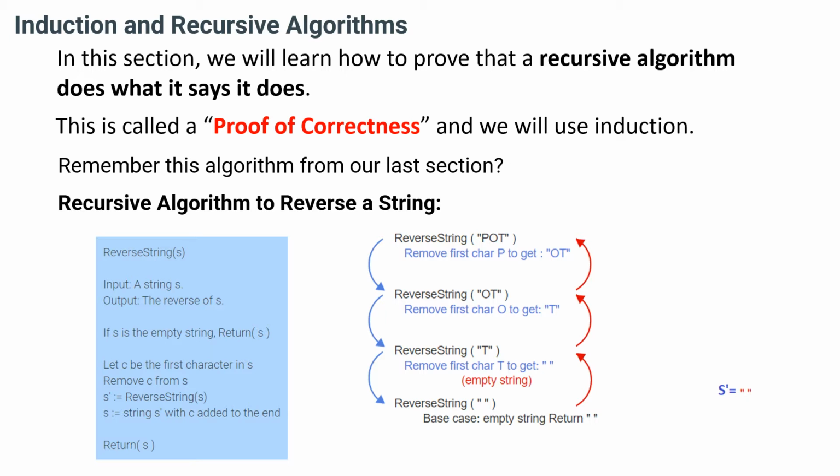But then down below these calls, that's when we start adding the character that was taken away, adding it to the end. So down here, we're kind of working our way back up. S prime is the empty string, but then we would add the character that had gotten taken away from that last iteration, and that was the T. We're adding it to the end, whereas before it was at the beginning.